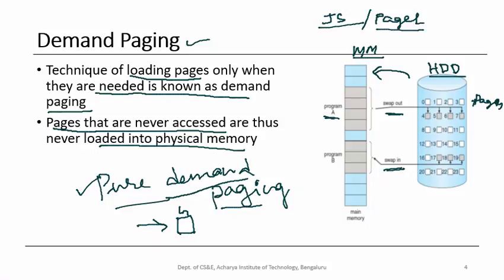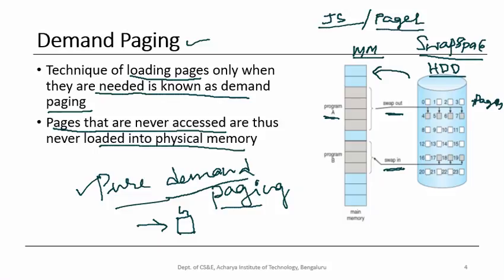If the CPU makes a reference to a page which is not present in the main memory, that page is brought from the hard disk into the main memory only when it is required. That is known as demand paging. The space where we keep these pages is called the swap space, as we have already discussed in one of the previous classes. This swap space is like a logical extension to the main memory.